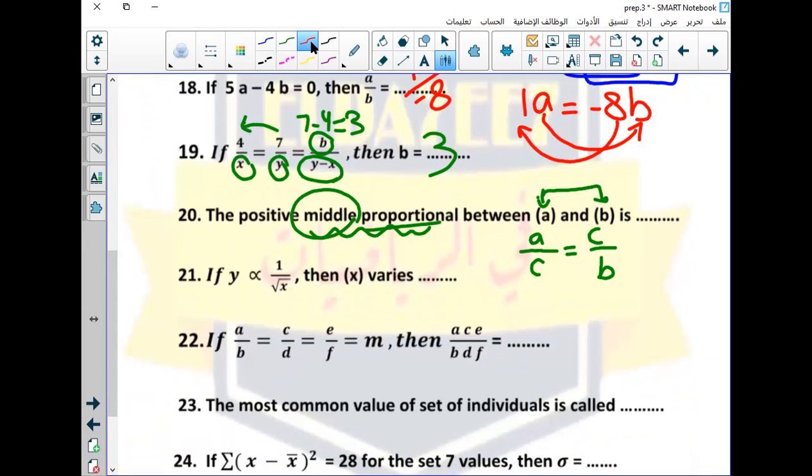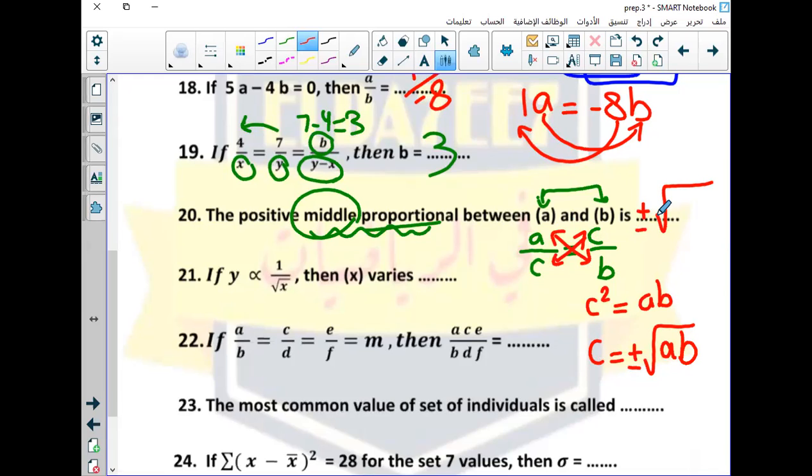Then by cross multiplication, c times c equals c power 2 equals a times b. By taking the square root of both sides, c equals positive or negative square root of a times b, then the middle proportional equals positive or negative root of a b.